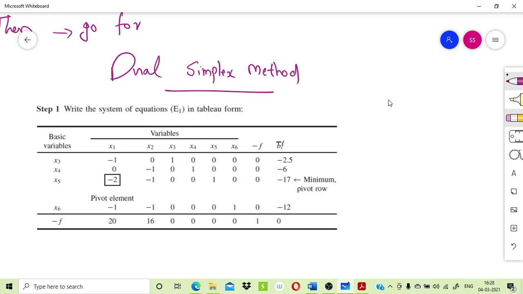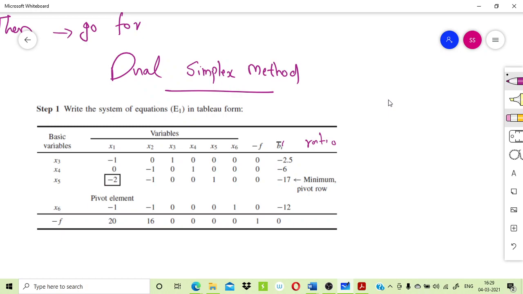To find the leaving variable, you fill the ratio column, considering only positive values, and find the minimum value. The corresponding row, that is the corresponding basic variable, leaves the tabular column.